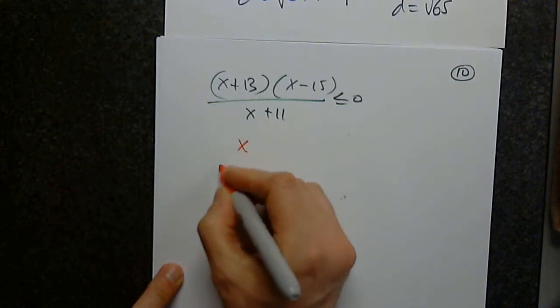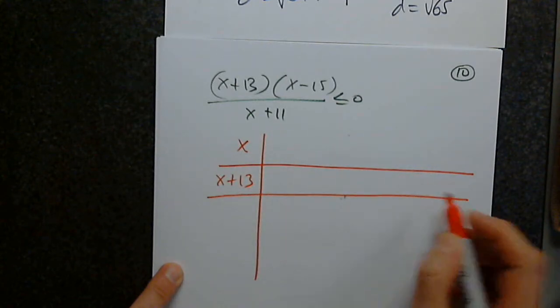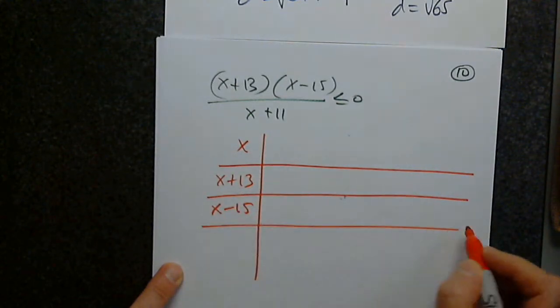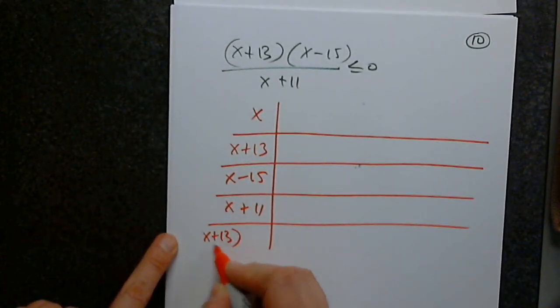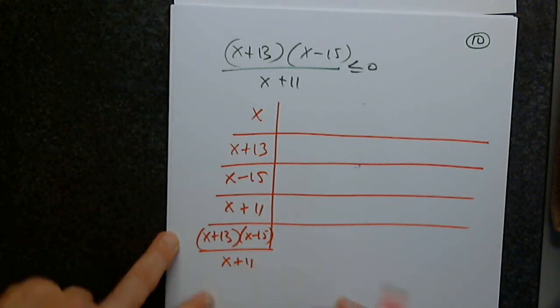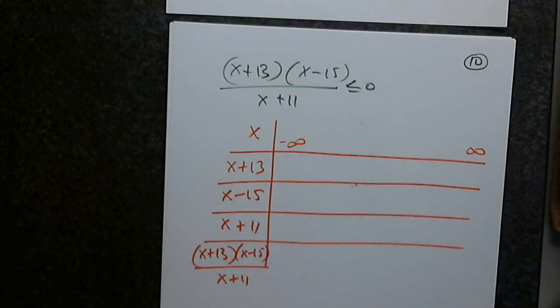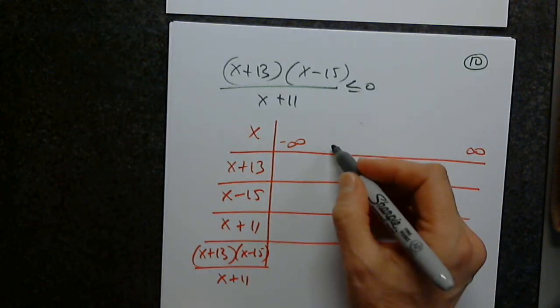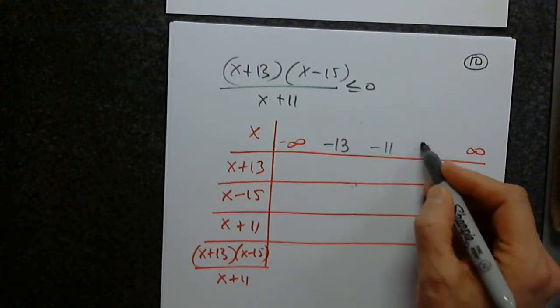Okay, all we have to do is, how many factors do I see here? Three. Perfect. Can you give me their zeros in ascending order, from left to right? Negative 13, negative 11, and 15.